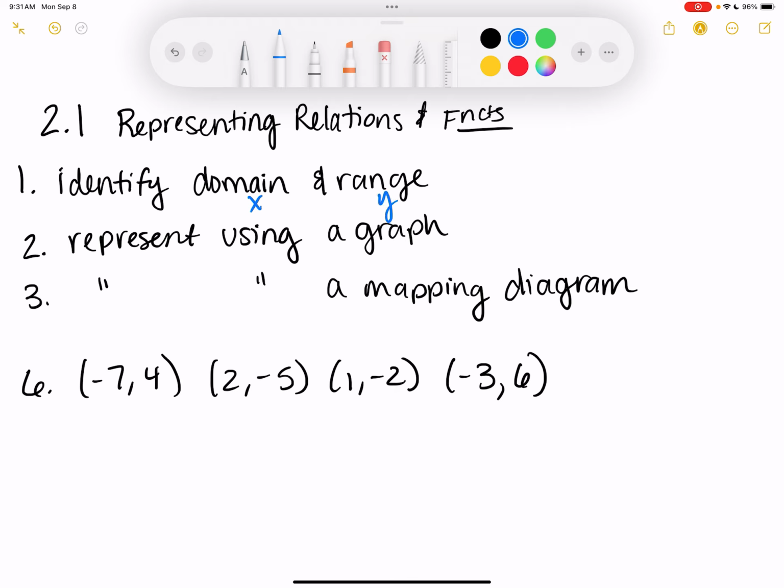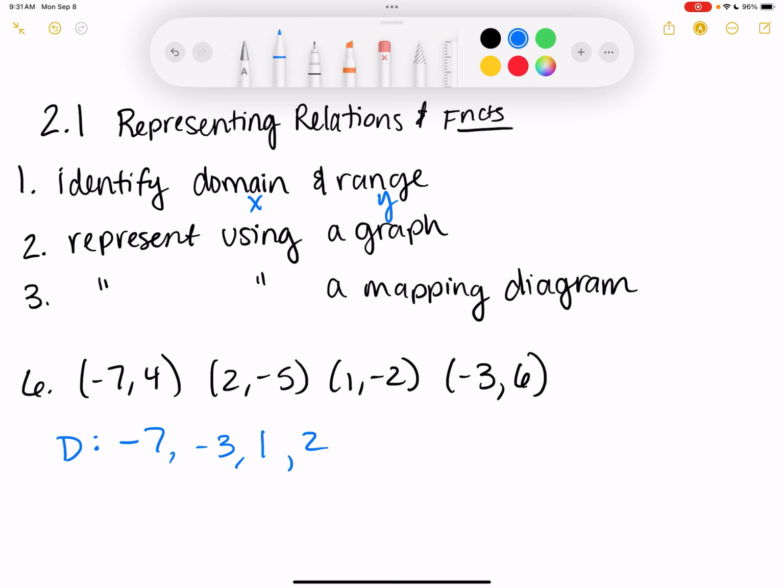The domain, and a lot of times I just abbreviate it with D and R, is we copy down all the x values. Ideally I like them in numerical order. If you don't do them in numerical order, I'm not going to take off, but it would be -7, -3, 1, and 2. I want numerical order.